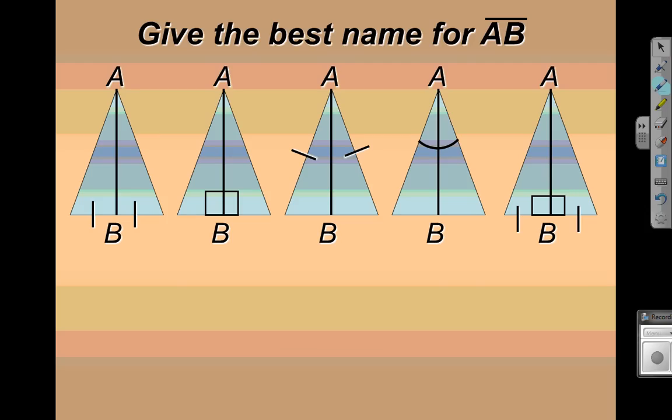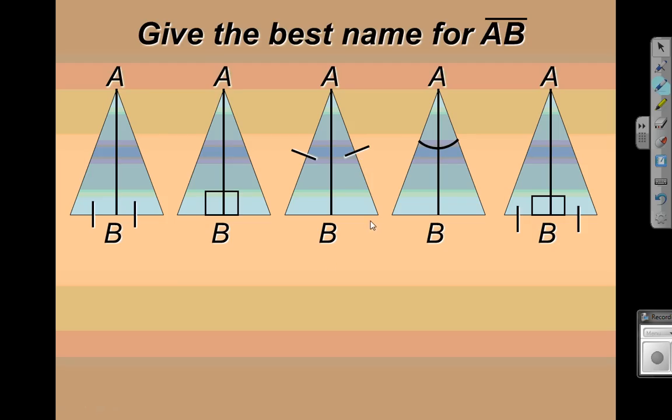Okay, now on your sheet, you need to label these. The best name for AB. So, this goes from the vertex through the midpoint. What do we call that? This one goes from the vertex and is perpendicular to the opposite side. This one goes from the vertex, and these 2 sides are, this is a trick question because this one is none.